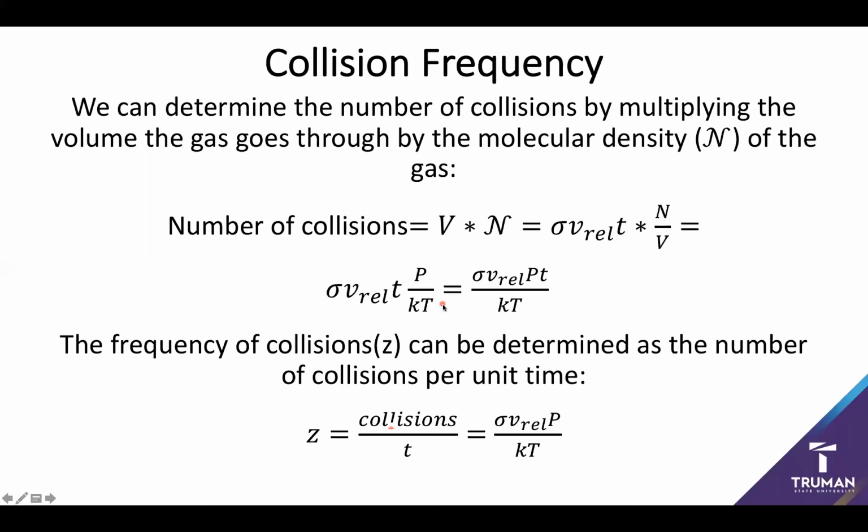And so then what we get is really just our number of collisions equation, where we just factored out the time component. This gives us a general idea of how many collisions are going to be happening essentially per second. So this is a very useful metric.